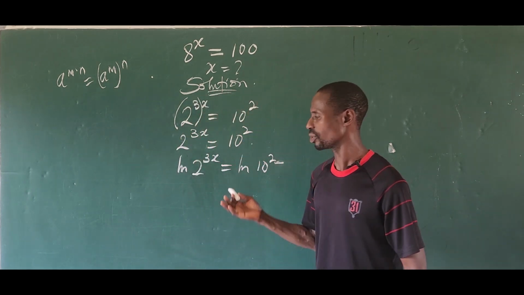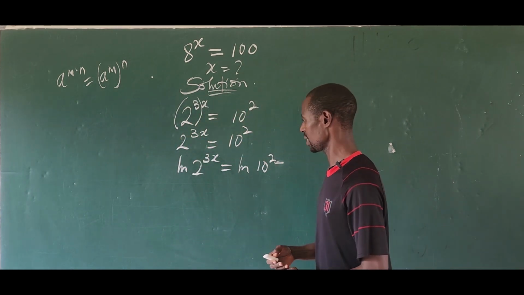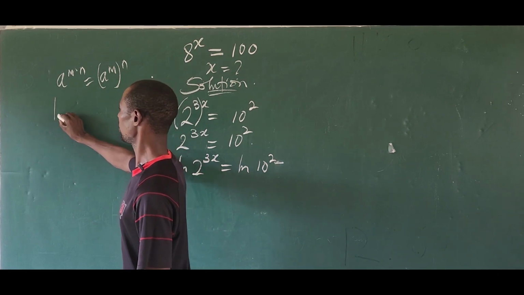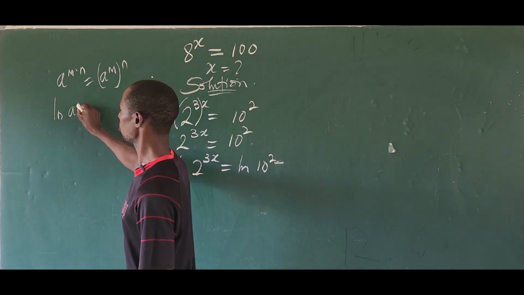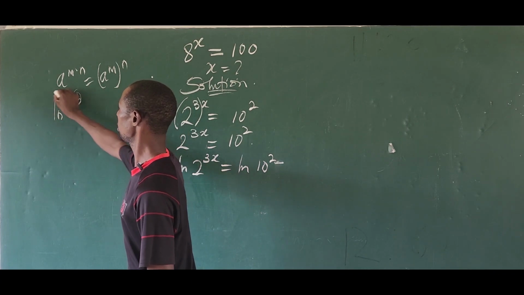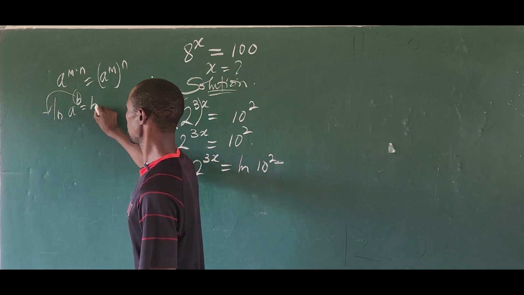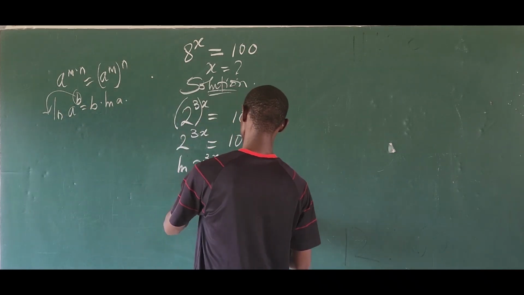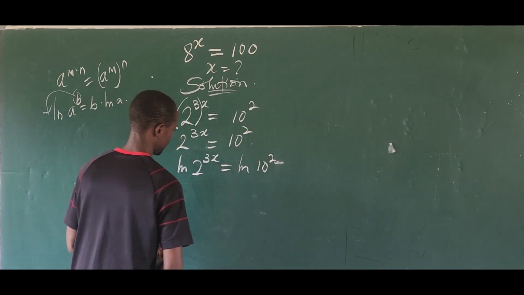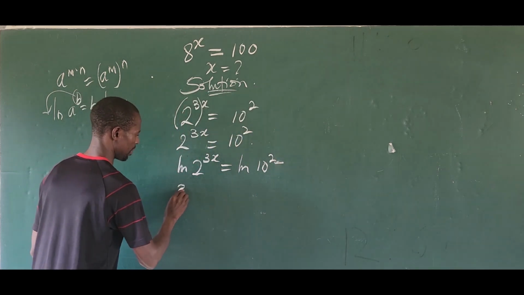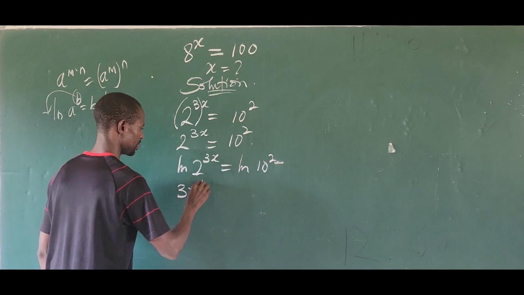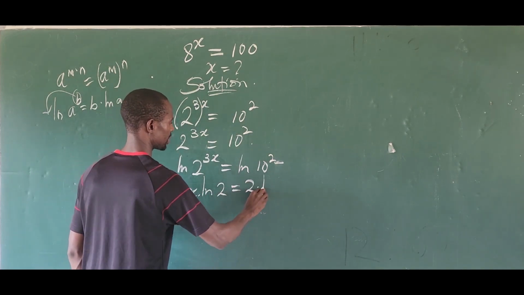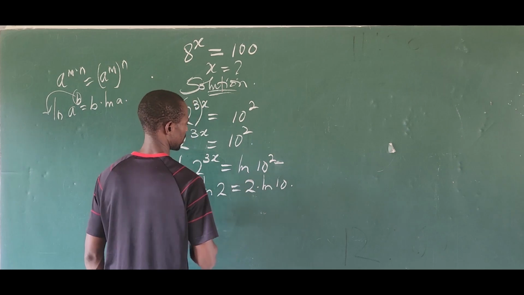Here we apply the law of logarithm: if you have the ln of a to the power of b, move this back, and this is going to give us b times the ln of a. So if we do that, this gives us 3x times the ln of 2 is equal to 2 times the ln of 10.